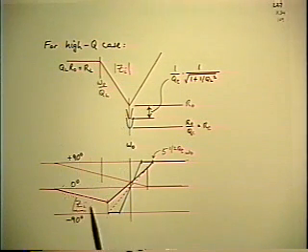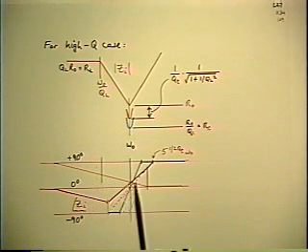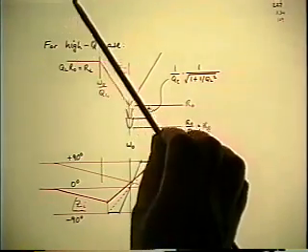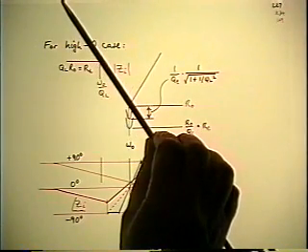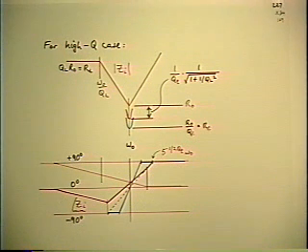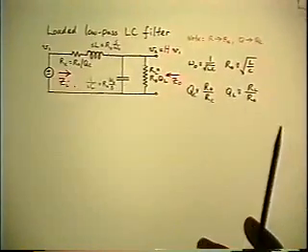The inverted pole will have an additional phase asymptote, which by superposition will bring the phase back from the original minus 90 degrees from the infinite asymptote, brings it back to 0 at 0 frequency. So that's the input impedance of the loaded filter.